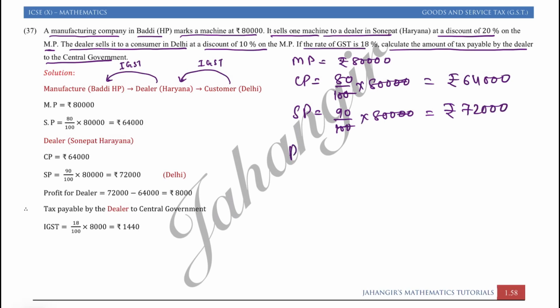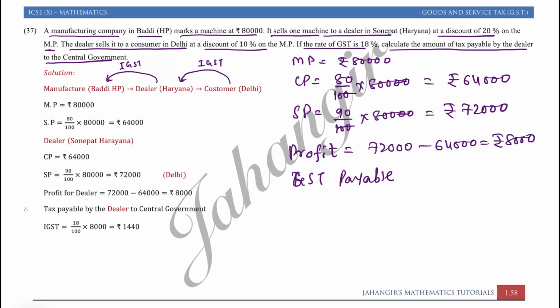So here we will again find net GST payable on profit. That profit is 72,000 minus 64,000, that is rupees 8,000. Now tax payable, that is GST payable to the central government. Obviously when it is interstate, tax goes to the central government in the form of IGST.